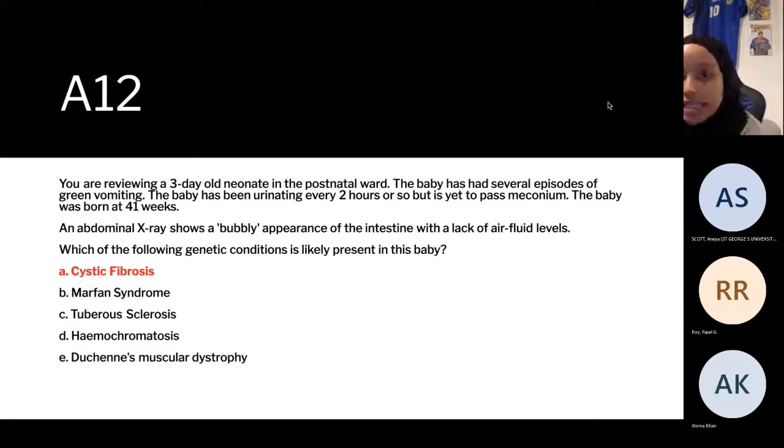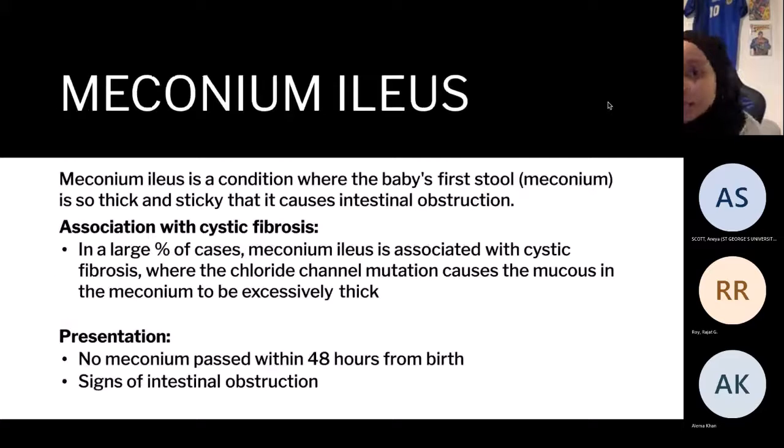Not passing meconium is known as meconium ileus. Usually the baby's first stool is known as meconium, and it's thick and sticky. Sometimes with cystic fibrosis it will be really thick and sticky, and it can cause intestinal obstruction, and this will prevent them from passing that first stool, which is really important to happen in the first day of birth.